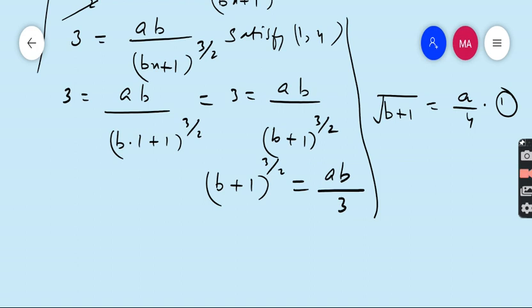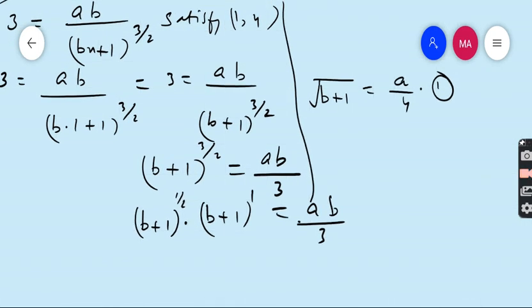Now see carefully. This is b plus 1 to the power 3 upon 2. So if I write this equation, it is b plus 1 to the power 1 upon 2 into b plus 1 to the power 1 is equal to ab upon 3. Now see carefully.